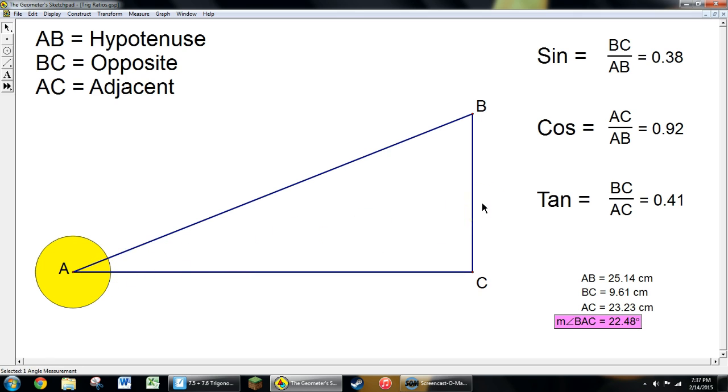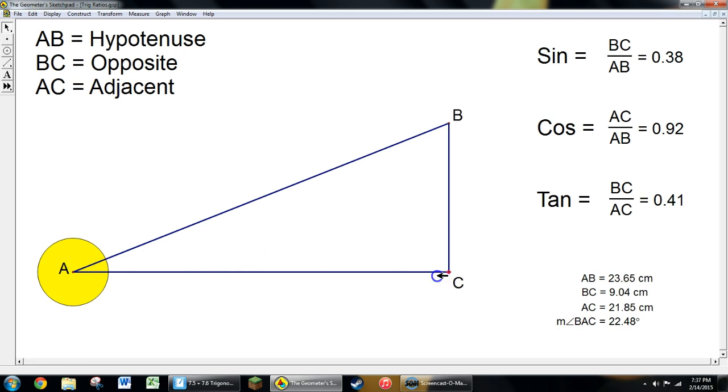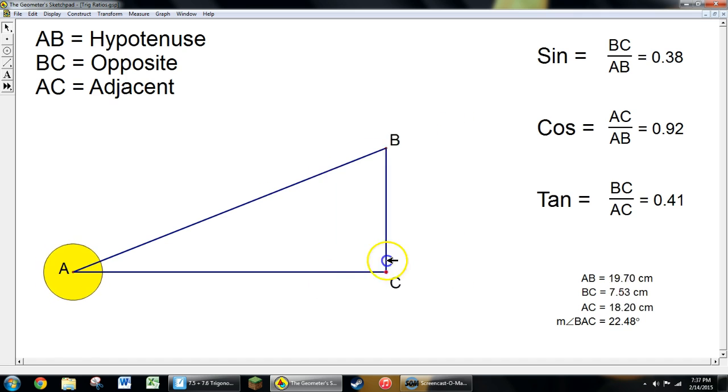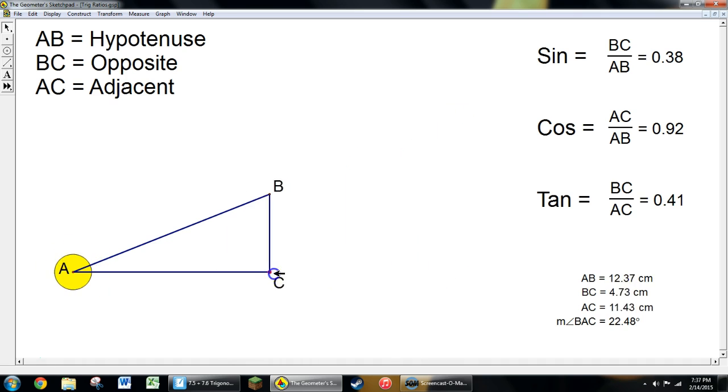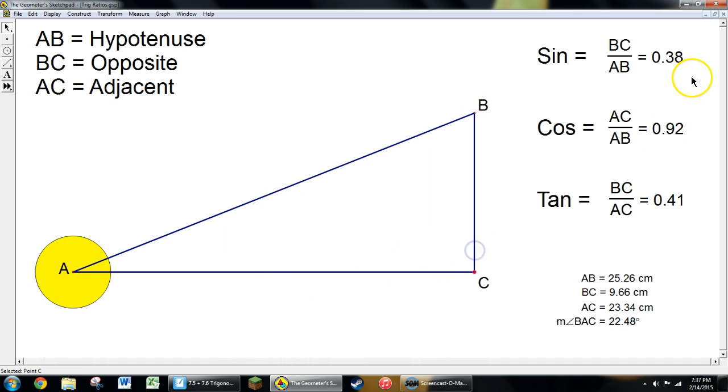Now, what we learned about similar triangles is that all the angles are always the same. And this is true. If I take this triangle and shrink or grow it, you'll notice that the measure of angle A does not change, as noted down here. But you'll also notice that as I change that, the trigonometric ratios do not change either.